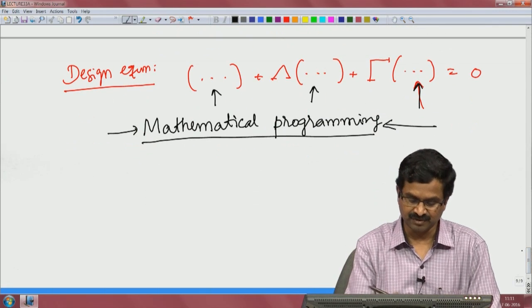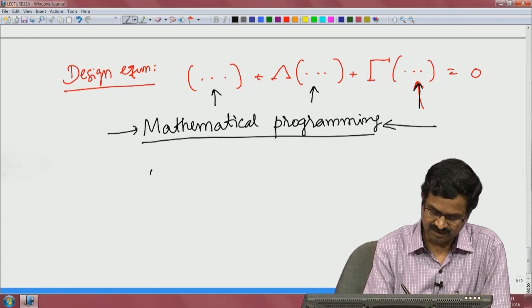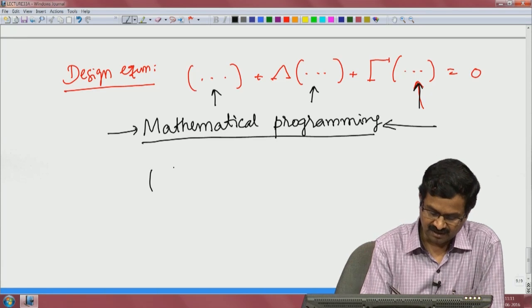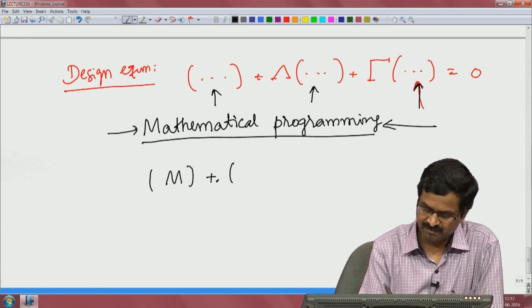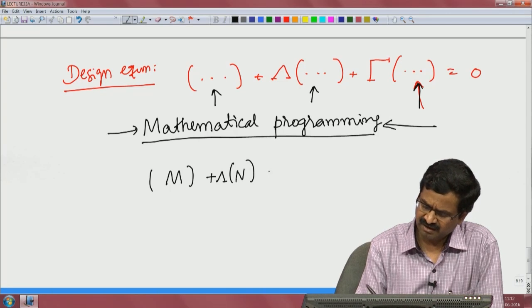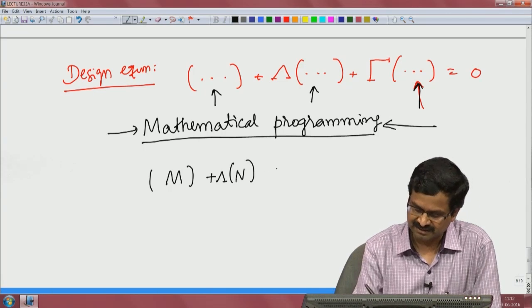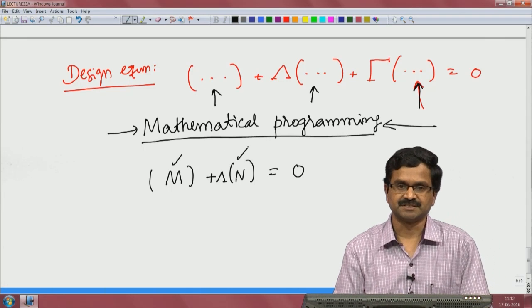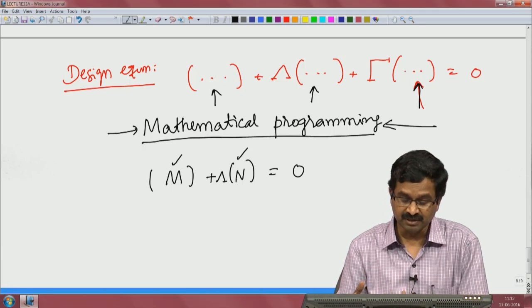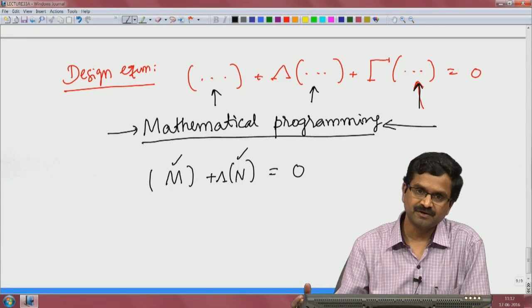Let us say I have a design equation such as this. Just for the sake of writing, I will say this is m plus lambda times n. Let there be another constraint, but we will set that aside. Let us say I get something like this, where m and n are some expressions which we can compute as soon as we solve the governing equation.